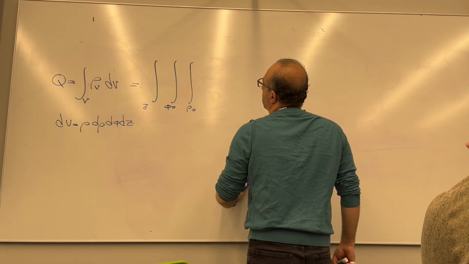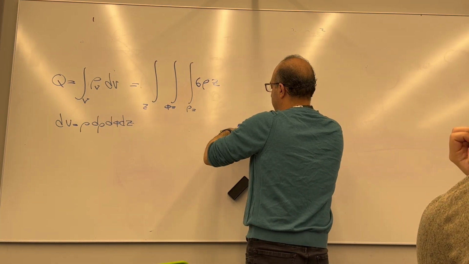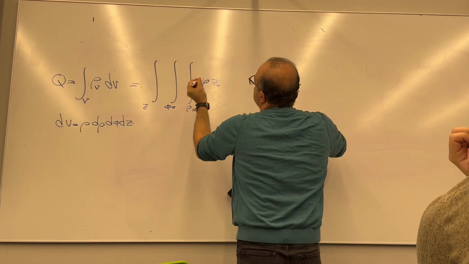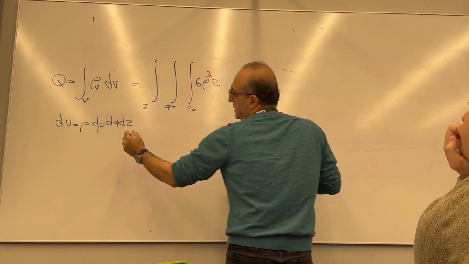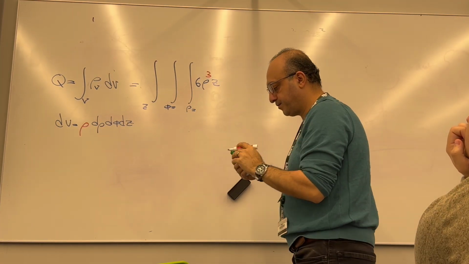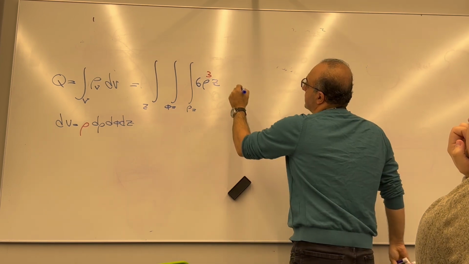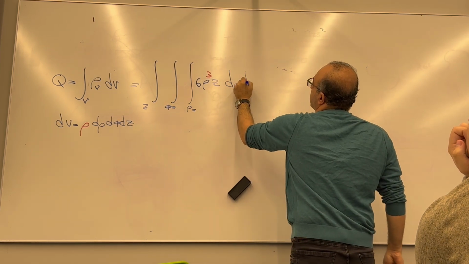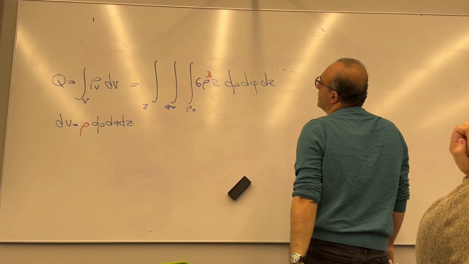Or let me say 6 rho z with another color, put 3, which is different from there because of this rho. Then d rho d phi dz.